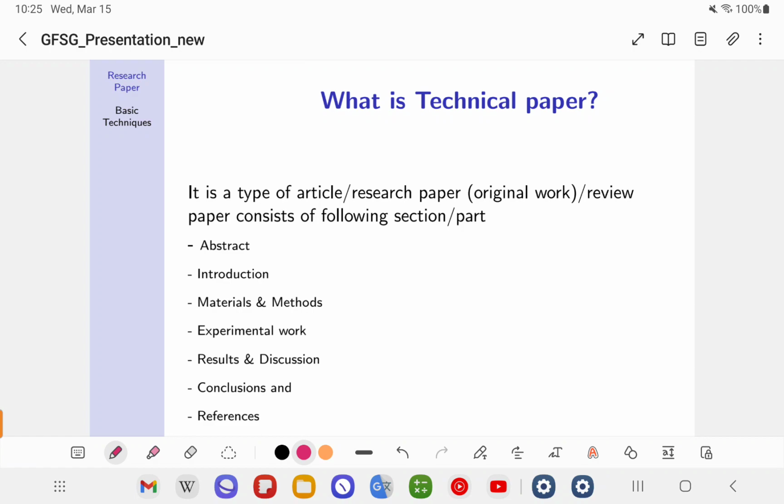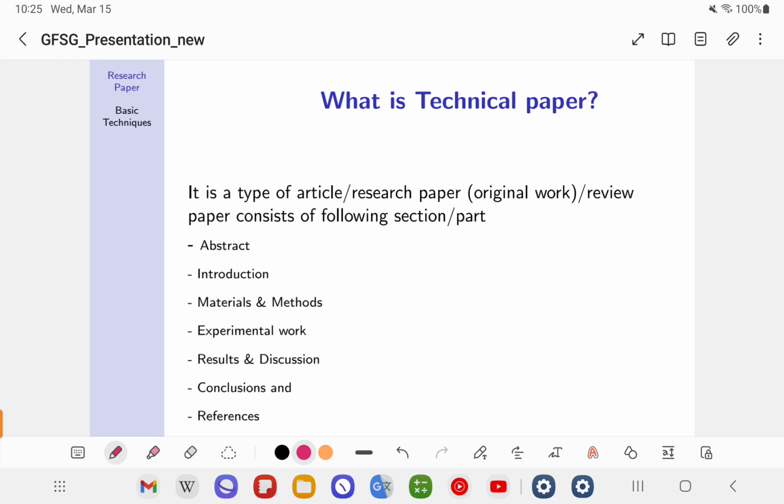Where to submit and how to submit, I think your guide will know better, or I may plan another video for the same. But first and most important is how to write that paper, so let's see.